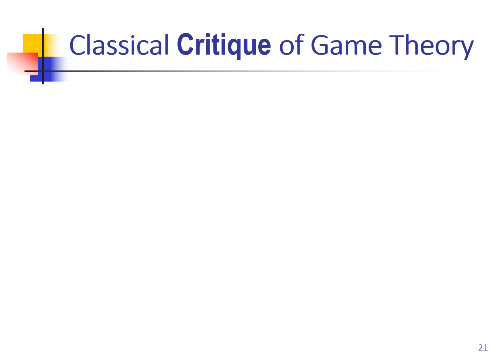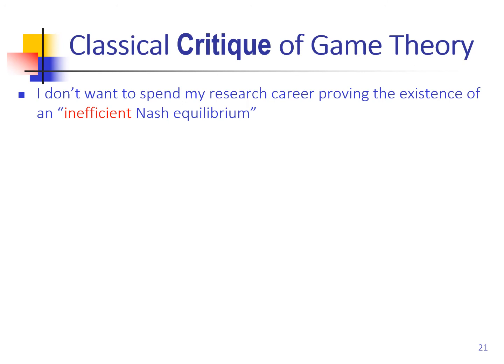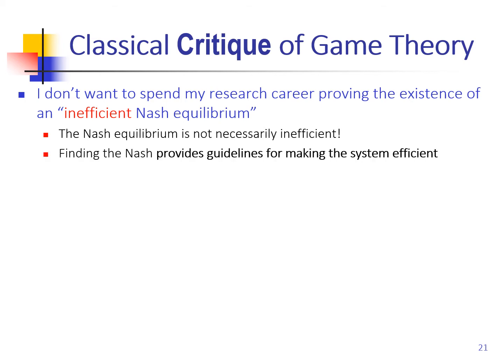So here is a slide basically about the classical critiques of game theory, because it's good also to understand why people sometimes do not like game theory, because they simply do not understand it. So here is one question. I don't want to spend my research career proving the existence of an inefficient Nash equilibrium. Well, it turns out, in fact, that the Nash equilibrium is not necessarily inefficient. Finding the Nash already provides guidelines for making the system efficient.